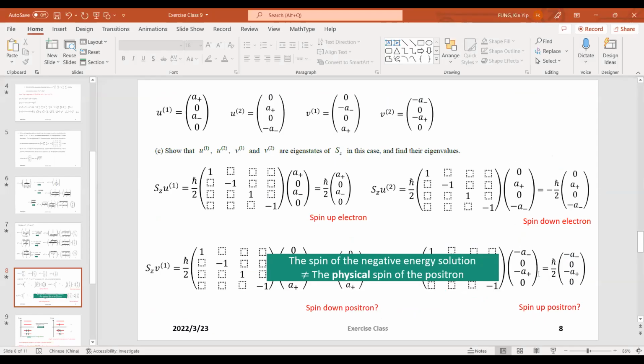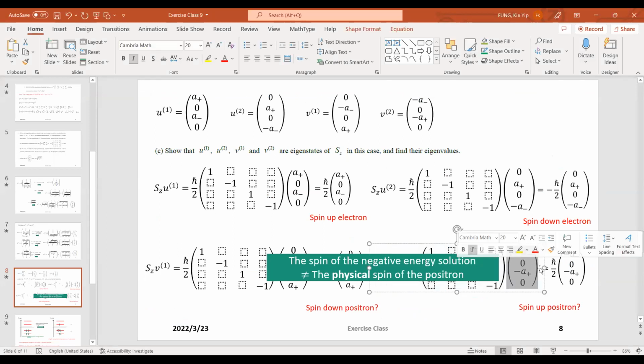And the key thing here is the states here is not actually the physical state. Maybe you address the question in the chat box first, I think.